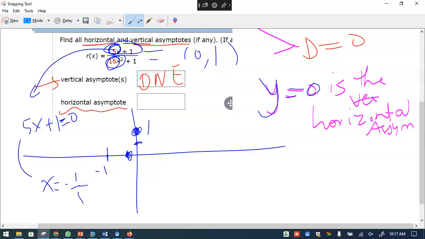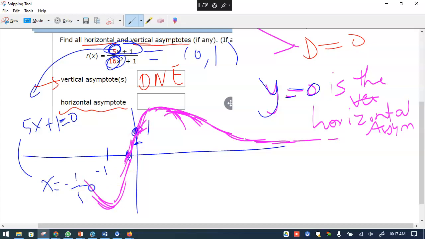So the graph goes through this, and remember, it has an x-intercept and does not have a vertical one. So it may go up something like this. And finally, as x becomes very large positive, the graph may be going very close, like this. See? And the same thing may be going down, and you can always check.